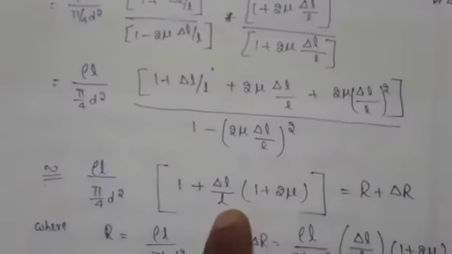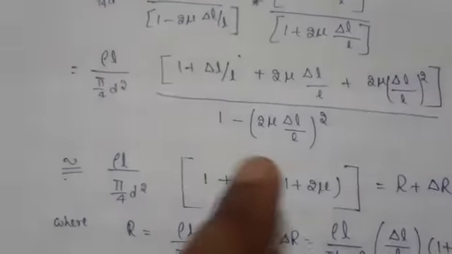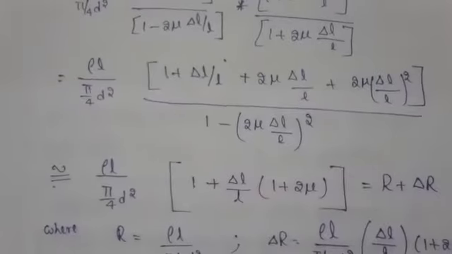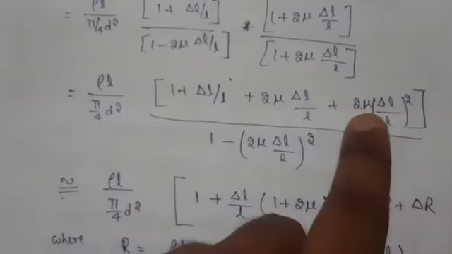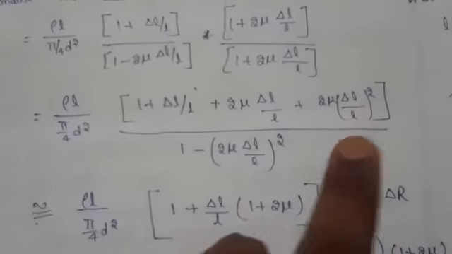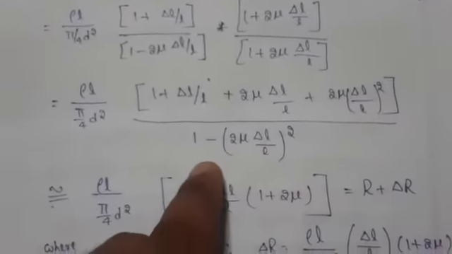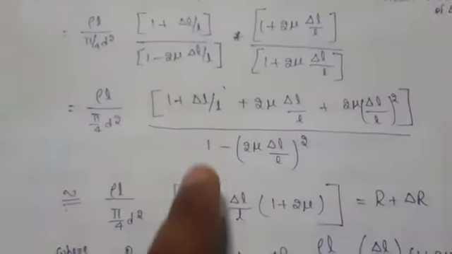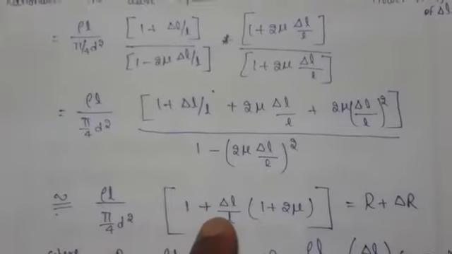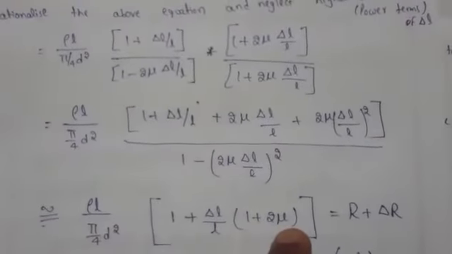By this we get approximately equal to. Here the terms with delta L by L squared are negligible. These two terms will be negligible. Hence we get the equation as rho L by pi by 4 d square into 1 plus delta L by L, taking the common term, times 1 plus 2 mu.